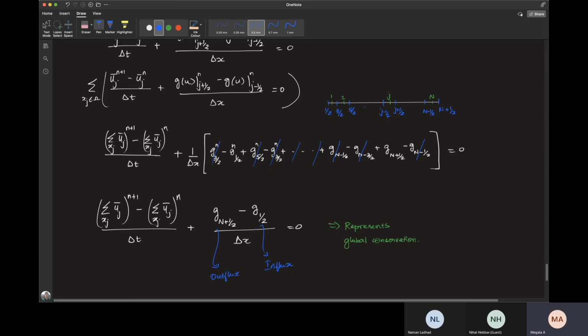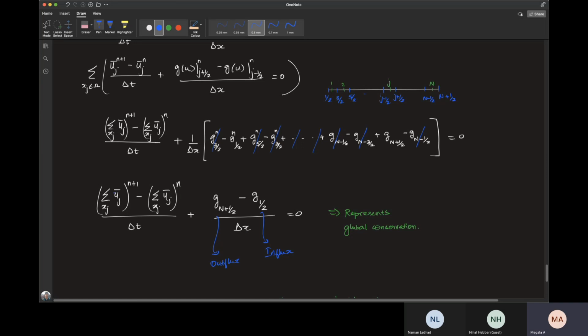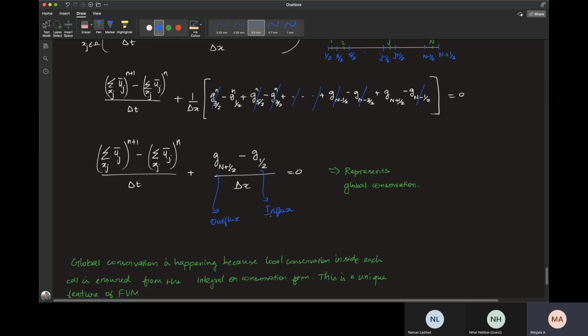So essentially you end up having only these fluxes, and this is the rate of change of your u bar in the whole physical domain between two different times, n and n plus 1, and that rate of change of your u bar is equal to the outflux through the boundaries.